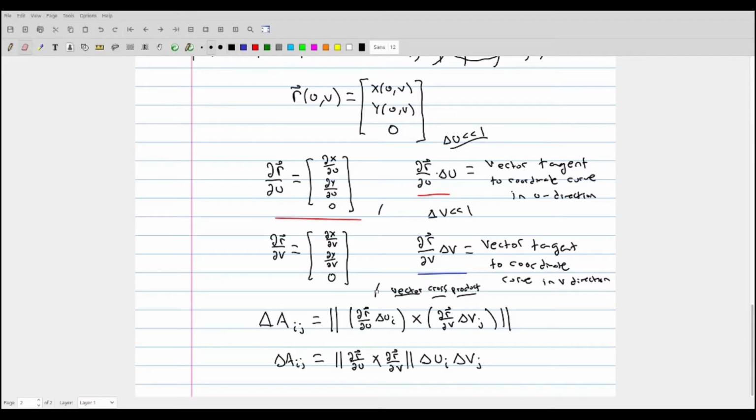To be accurate, I wrote exactly equal to, but we should actually make this an approximation, because it's really just an approximation for small delta ui and small delta vj. But in the limit, this becomes exact. So it turns out that this is the key towards getting what the area element turns into for a double integral. It's this approximation right here.